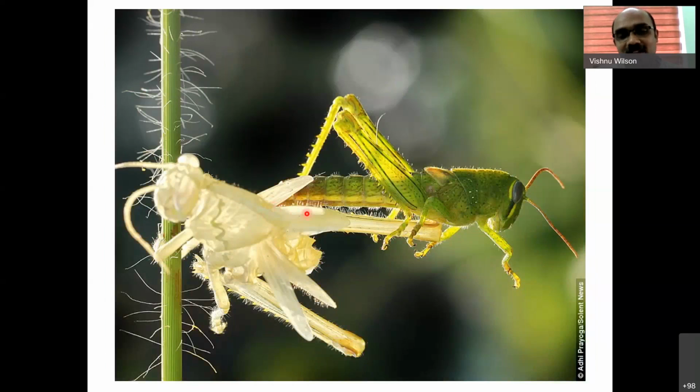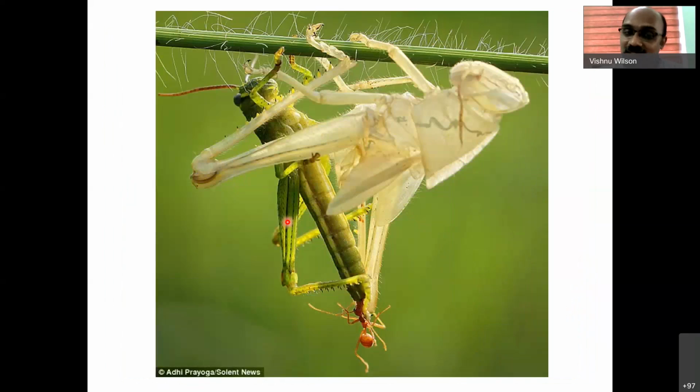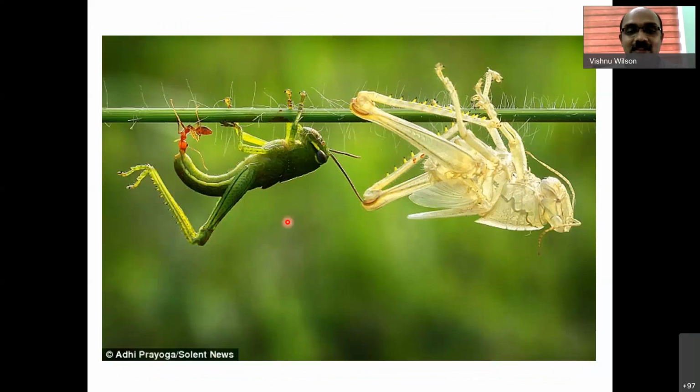See the next stage by which the grasshopper comes out of the exuvia. This is the third stage. It has almost completed, and now it has left. See, in all the frames you can see an ant. I told you to avoid the presence of the ant.